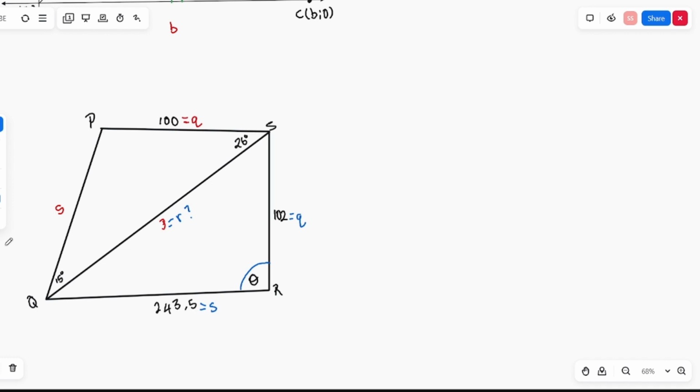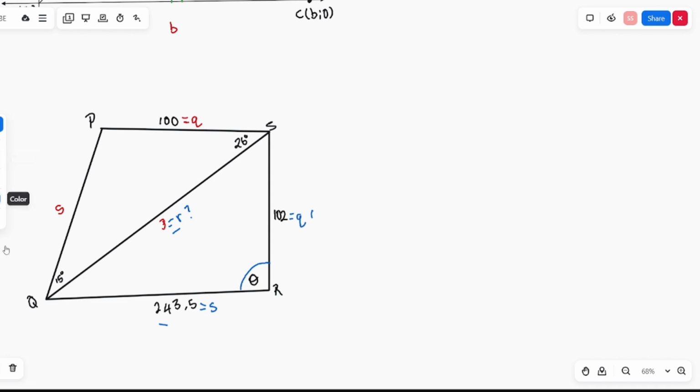And how do we go about getting this side? Because we have to have three known values like in our sine rule. So in this case we have this side, and we must have this other side so that we can solve for angle theta. So our mission right now is to find our side, which is p or r.